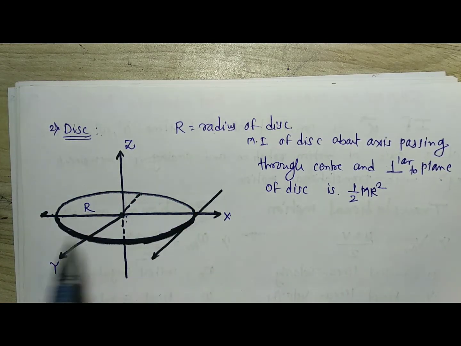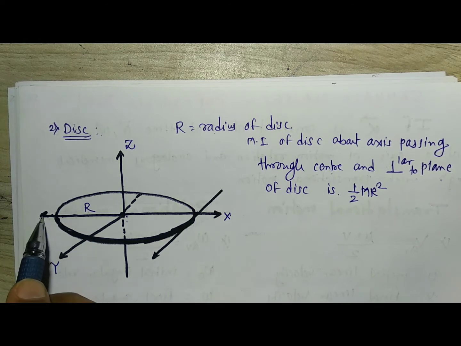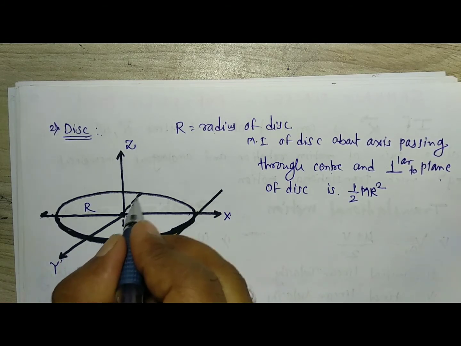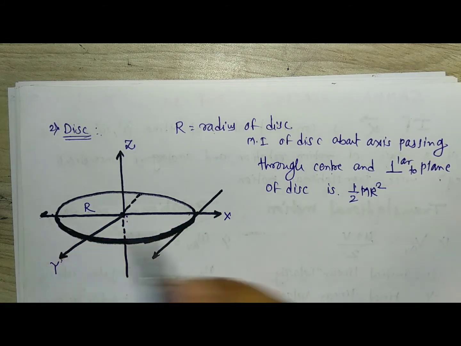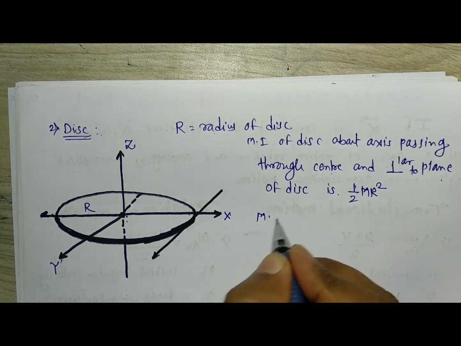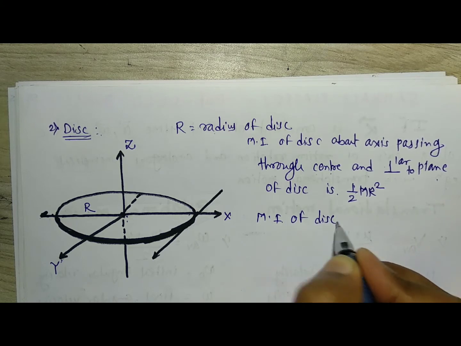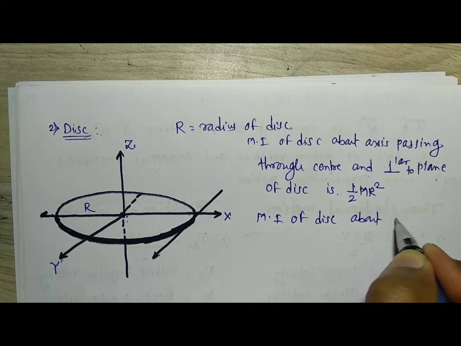Right now we want to find out the moment of inertia about the x-axis and y-axis. That means about the diameter. Those are the diameters of the disk, and you want to find out the moment of inertia of disk about diameter.